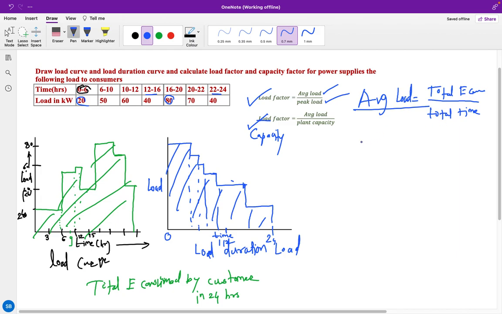So what does total energy consumed mean? That is the area below this load curve, or the area below the load duration curve. You can find it just by multiplying.